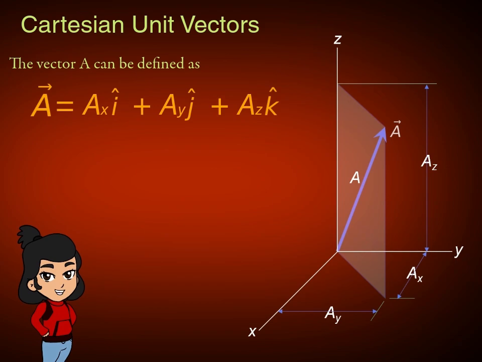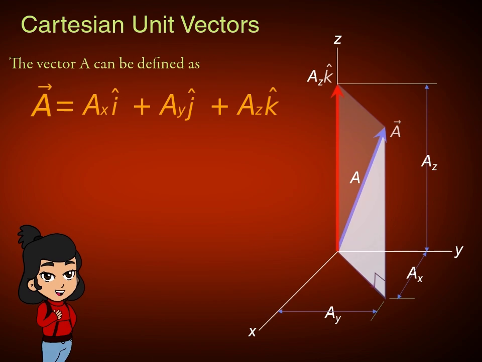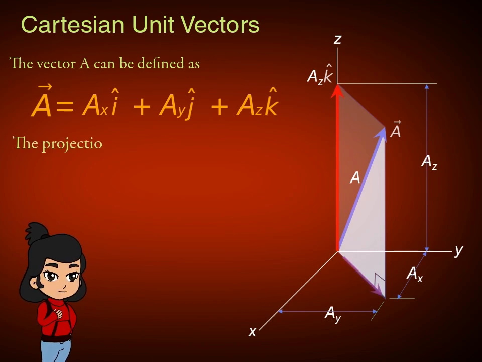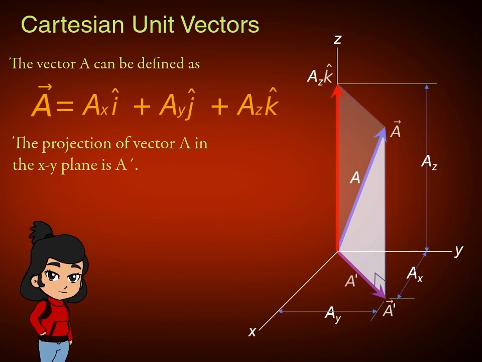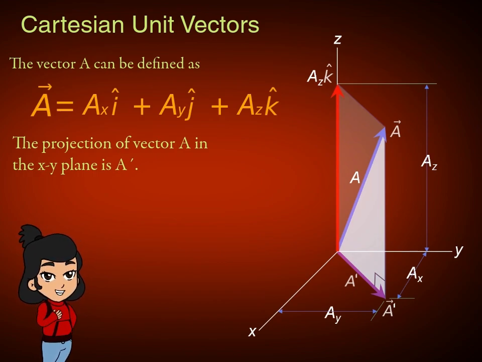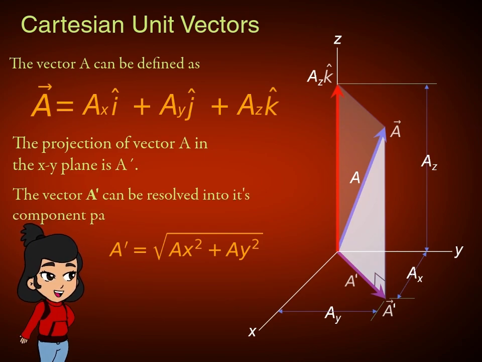To resolve vector A into its component parts, first recognize that vector A is comprised of two vectors to begin with, along the z axis and the xy plane. Using the reverse of the parallelogram law, we can find the vertical component Az times k caret and a horizontal component, which we'll go ahead and call vector A prime.